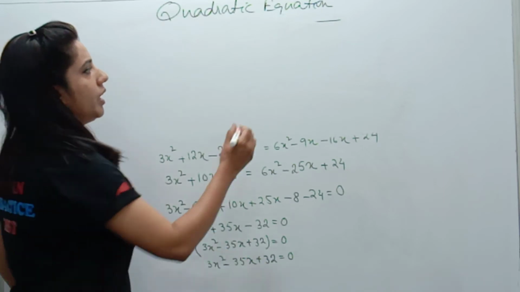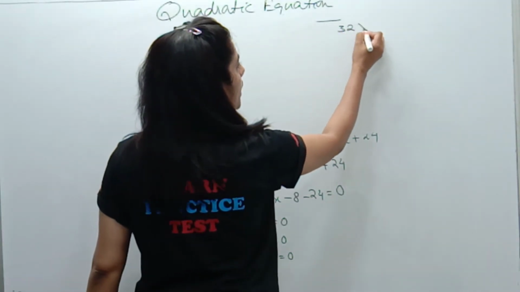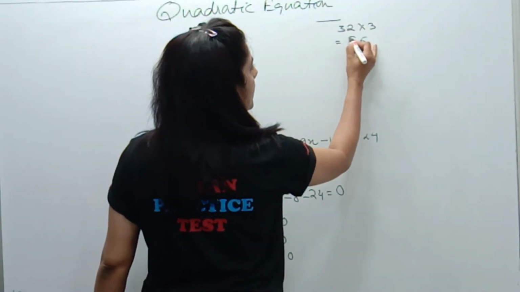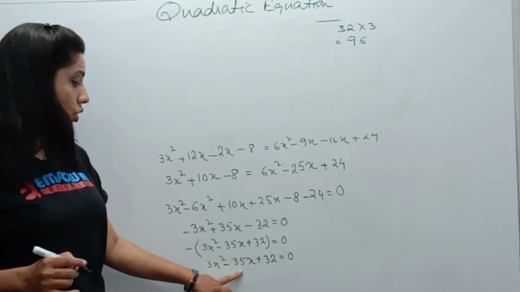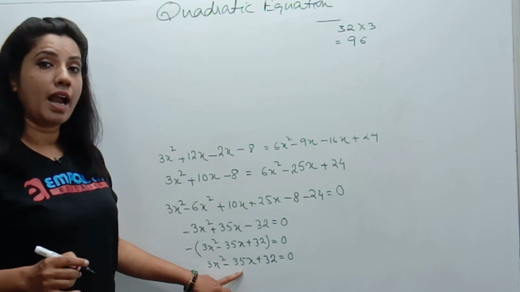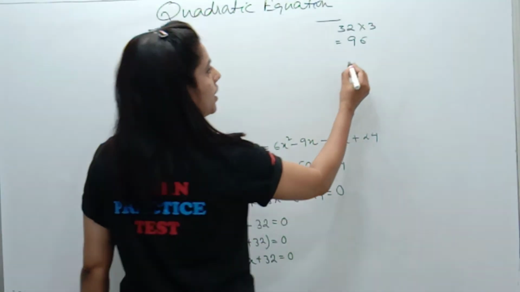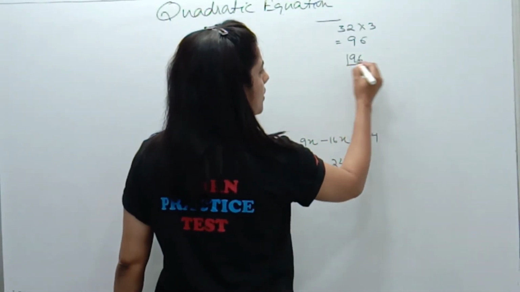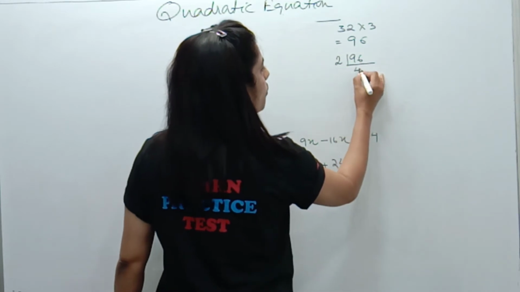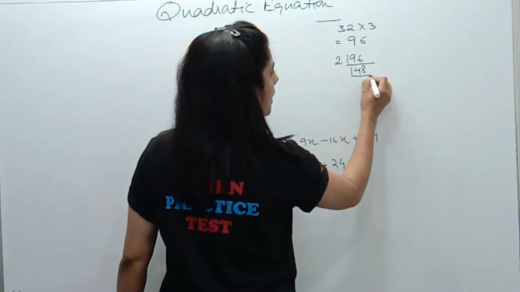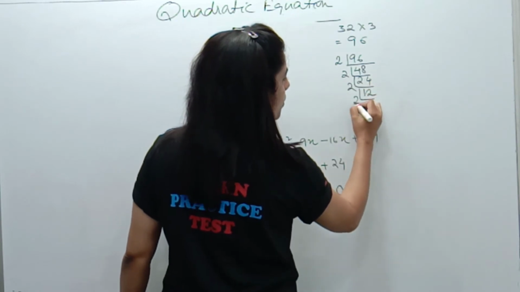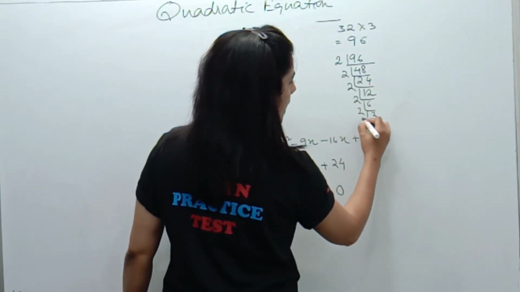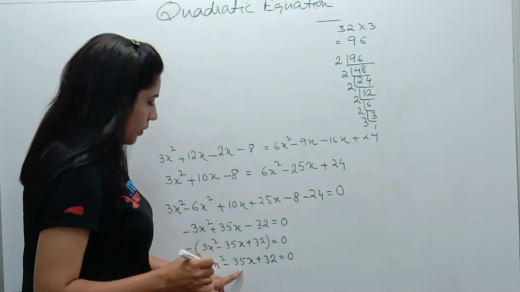3 into 32. 32 into 3. That gives you 96. Factors of 96 which should give you 35 on adding or subtracting. So let us say 96. The factors of 96: 2 and 48, 2 and 4 are 8, 12, 6, 3 and 32, 1. So it should give you 35.